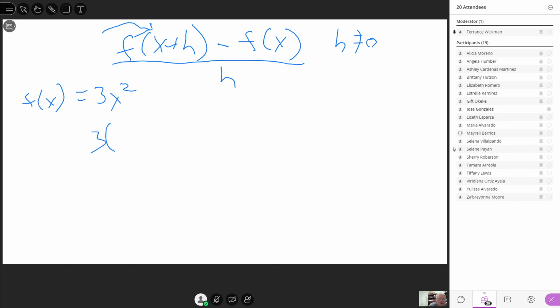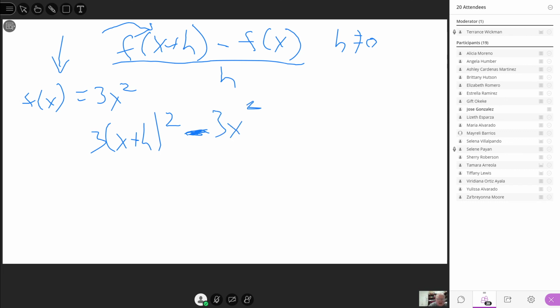So we have 3 times x plus h squared. And then we're going to minus f of x. What's f of x in this case? What does this say, class? 3x squared. Yes, f of x is 3x squared.